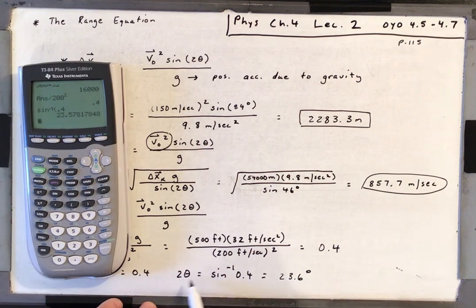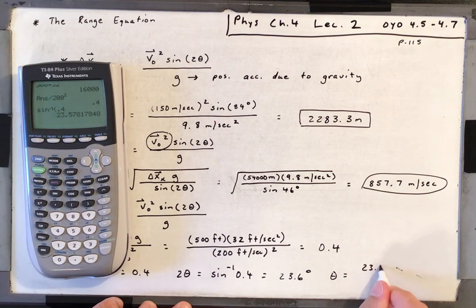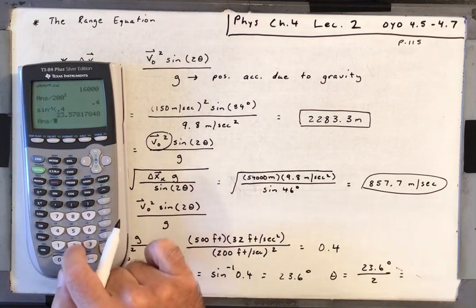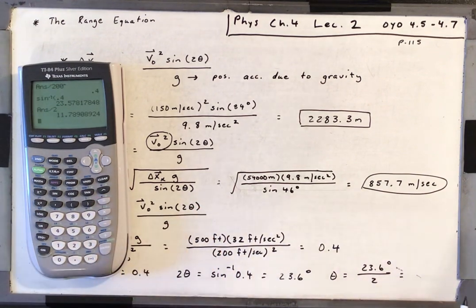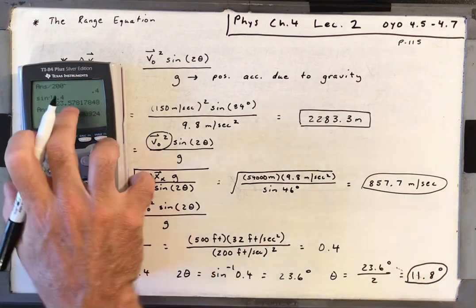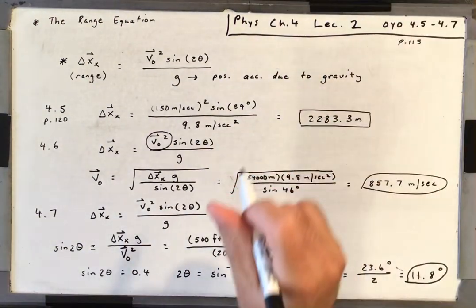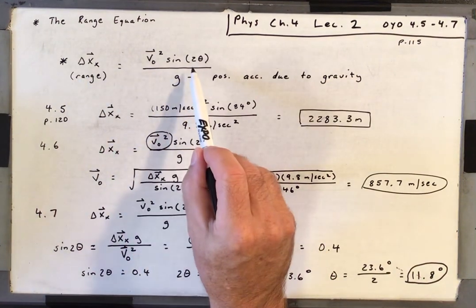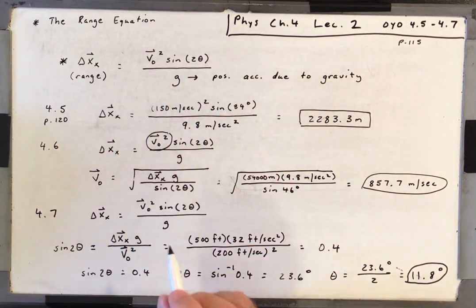But that's twice the angle. So theta we would divide by 2, which is 11.8 degrees. All right, pretty cool. Not very hard, but you do have to memorize the equation and then be able to do the algebra.